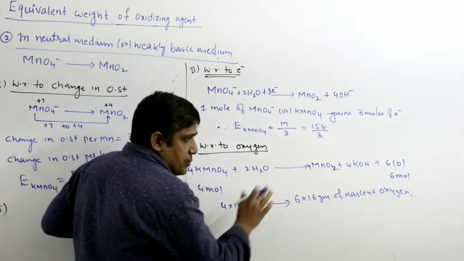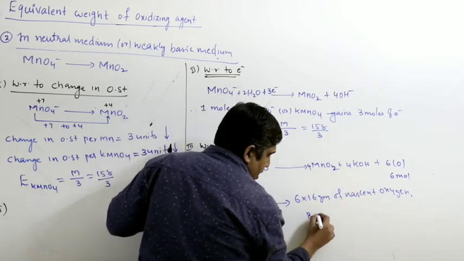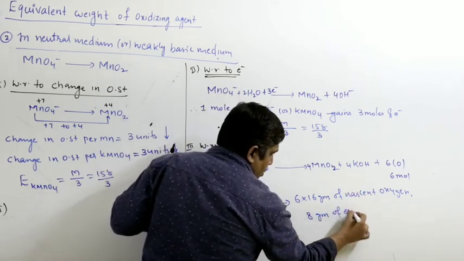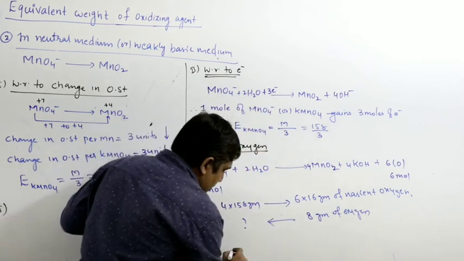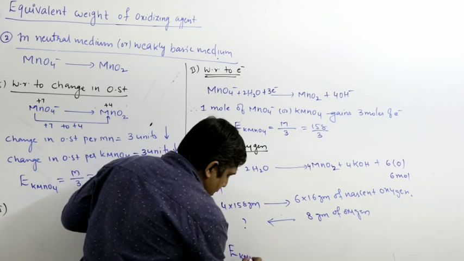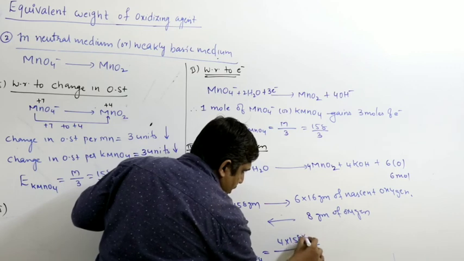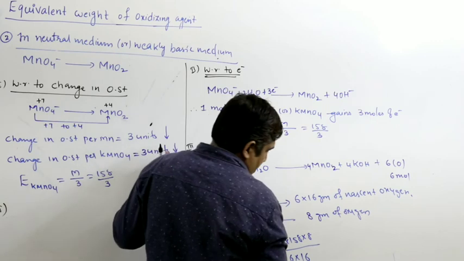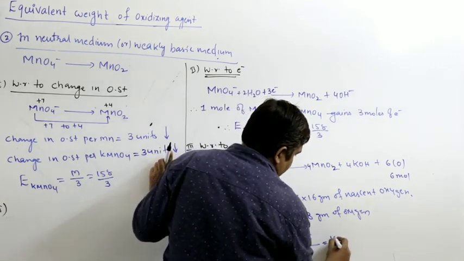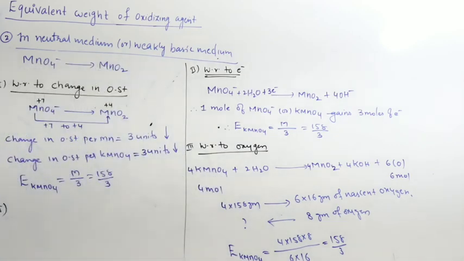The weight of the substance that produces 8 grams of oxygen. Why 8? 8 is the equivalent weight of oxygen. So the equivalent weight of KMnO4 is 4 into 158 into 8 by 6 into 16, which gives 158 by 3. So this is with respect to oxygen.